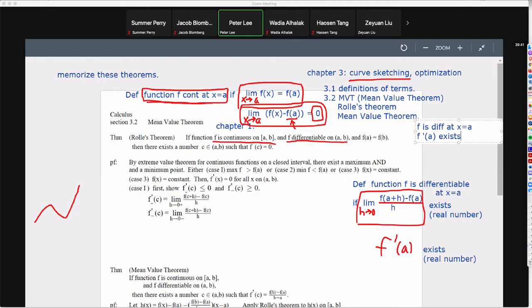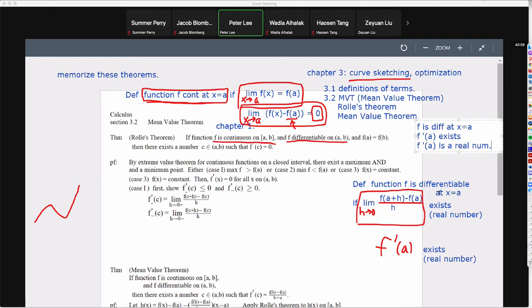And then what else can I say? Basically, differentiable at x equals a means f prime exists. What does that mean? That means f prime at a is a real number. So all of these mean exactly the same thing, and that's what you have to understand.